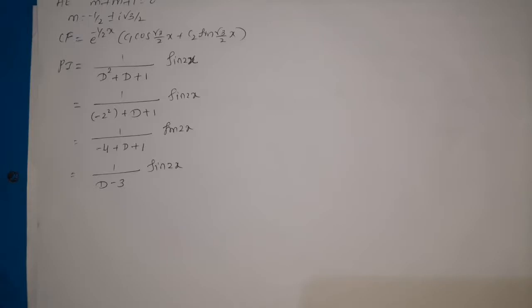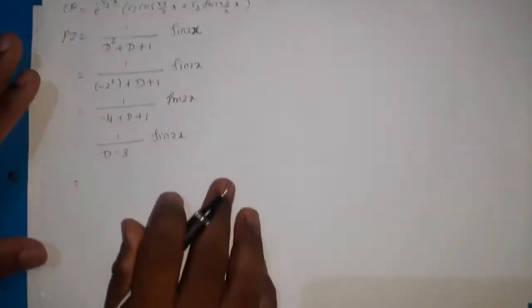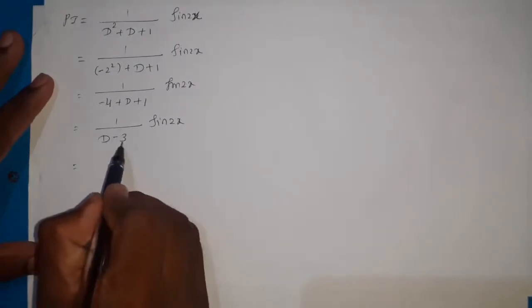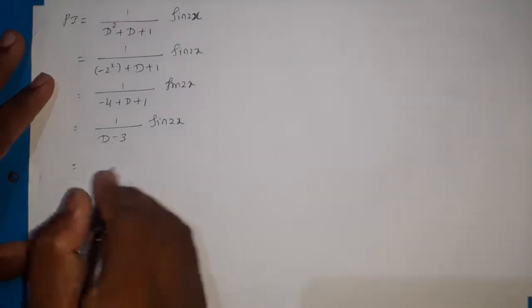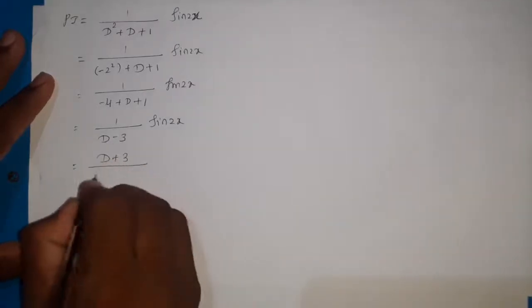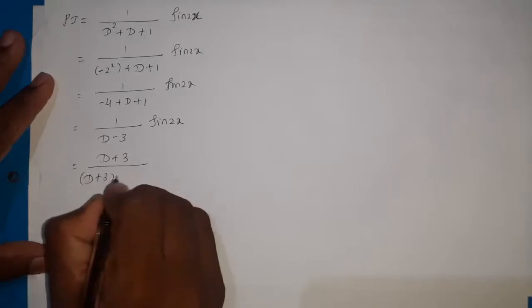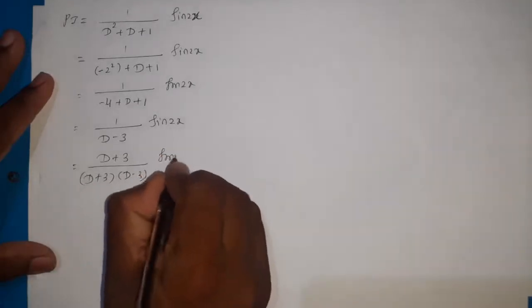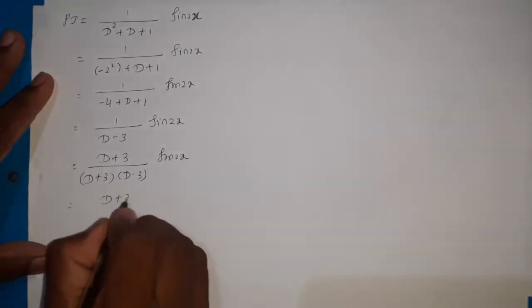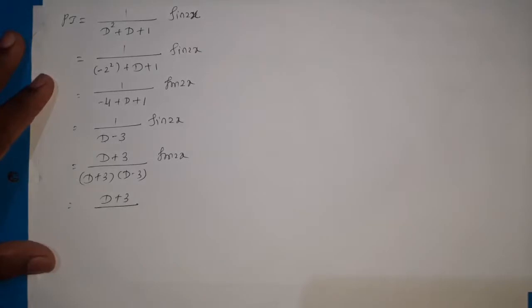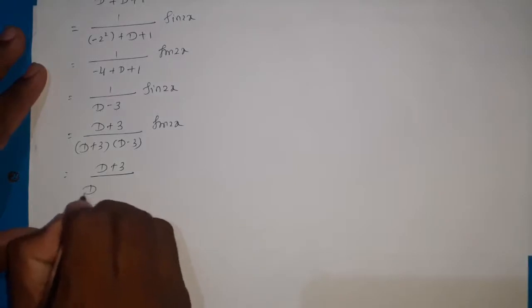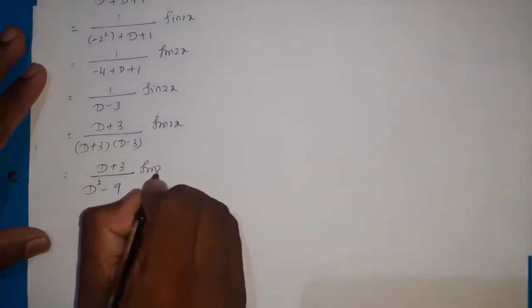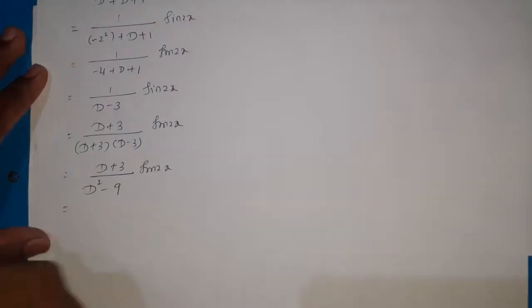So in this case we need to rationalize the denominator. Already you know how to rationalize the denominator: multiplying and dividing by the term having the opposite sign of the denominator, that is D plus 3 divided by D plus 3, into D minus 3, sin 2x. Now the numerator is D plus 3 and the denominator becomes a plus b into a minus b, that is a square minus b square, so D square minus 9, sin 2x. Now look at the denominator.